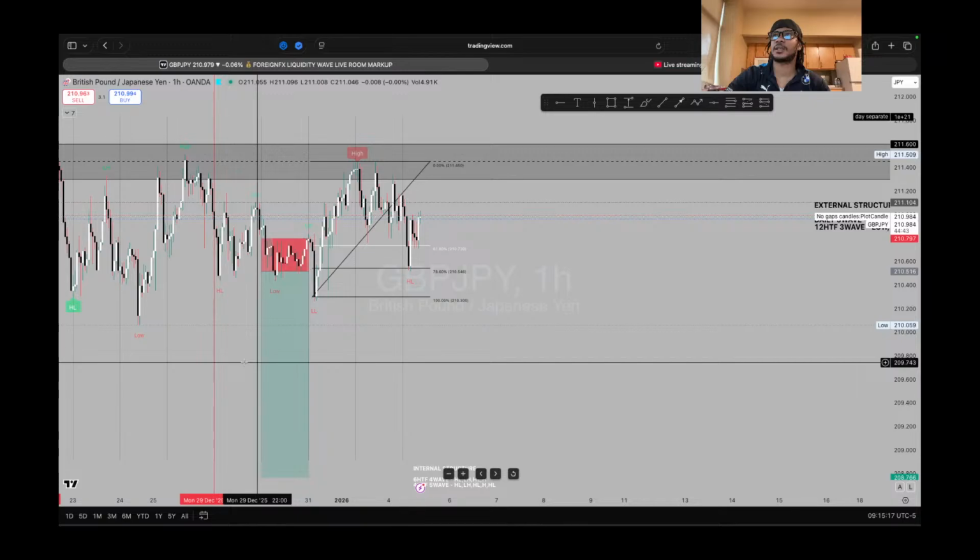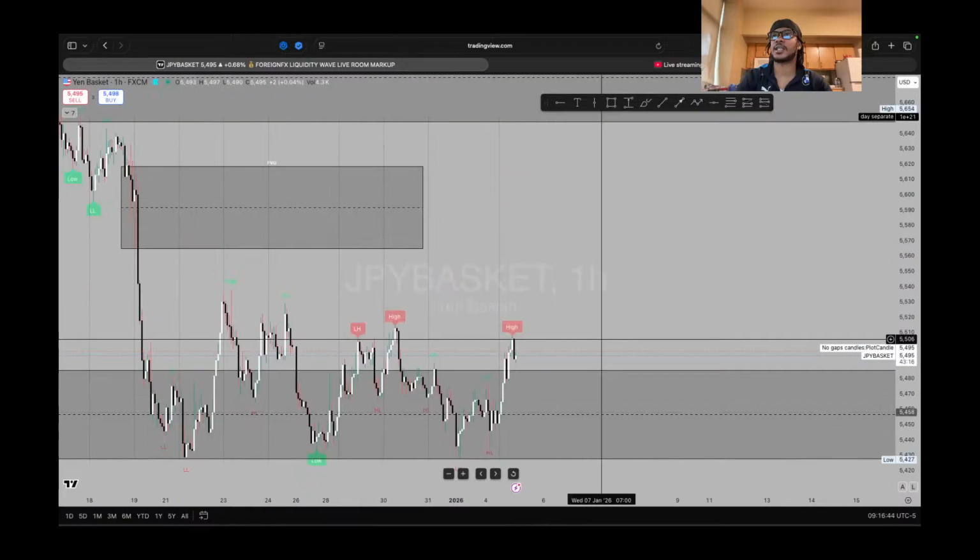Then we came back and respected that fib. Beautiful. But I want to see price break the high before I even think to enter a buy on GJ, because I know we're ranging, and a part of me believes we want to go down a little bit, so I'm not rushing GJ. See, the yen basket is still ranging, so that means GJ is ranging as well.